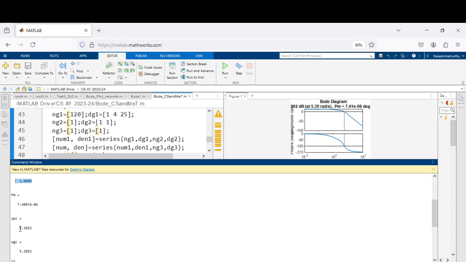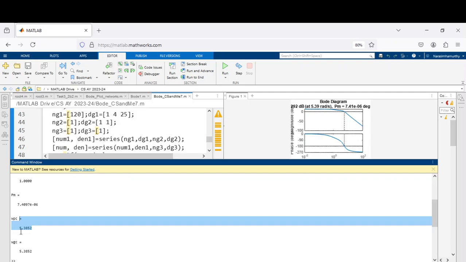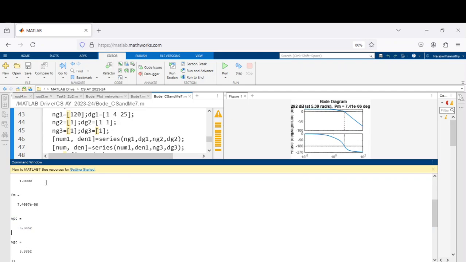Interestingly, can you see omega PC and omega GC both are the same. This is omega GC, this is omega PC, both are the same. This is the condition of oscillation. Can you see it is almost okay? I don't know why this gain margin is coming out like this, but it is actually 0, because 1 means, okay, 20 log of 1 is 0 dB.